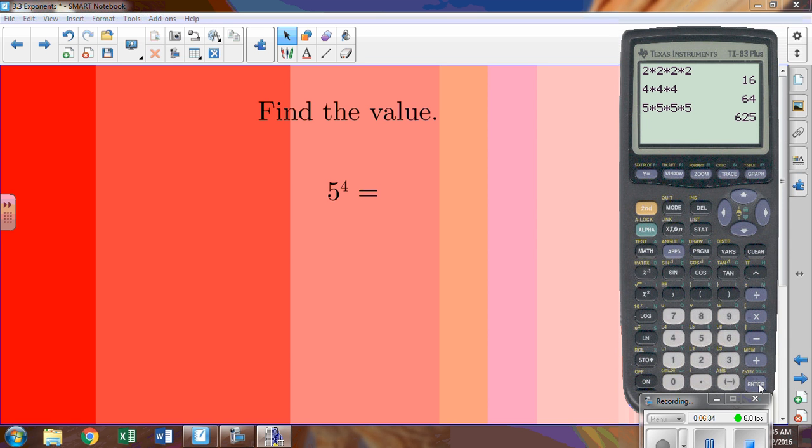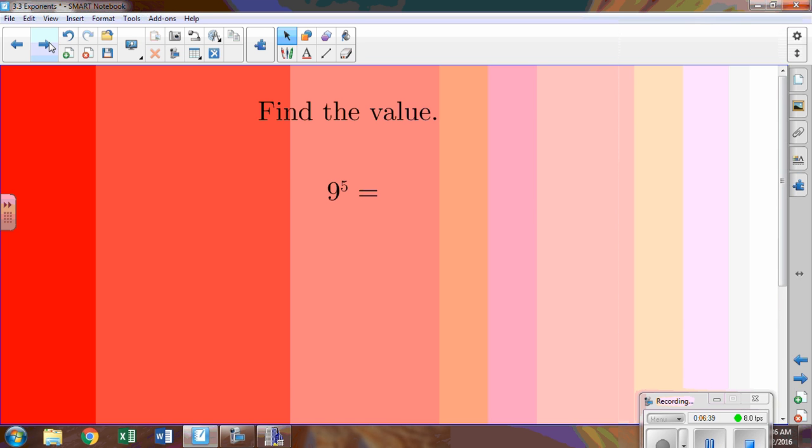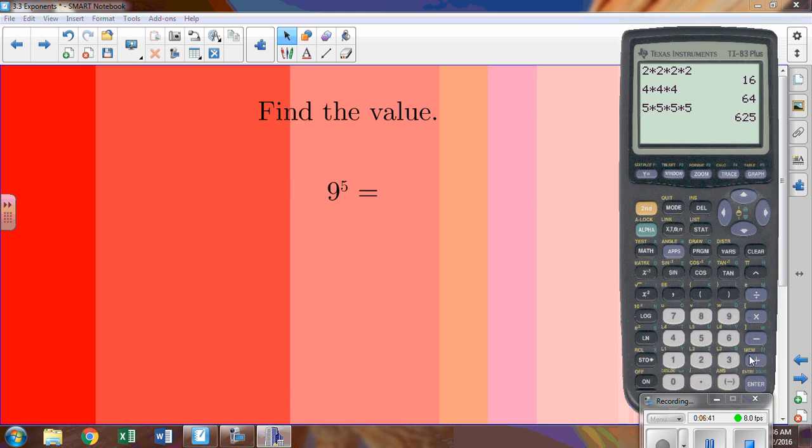Our answer is 625. 9 to the 5th. 1, 2, 3, 4, 5. 59,049.